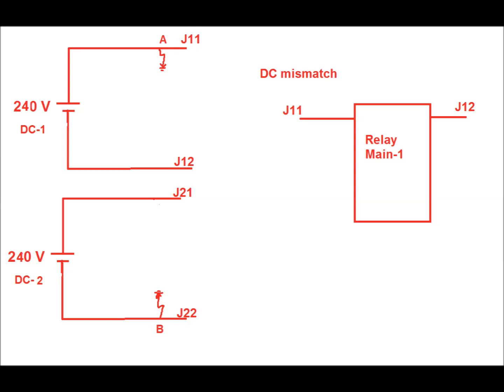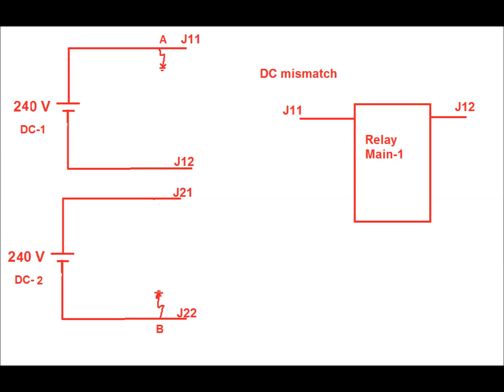Now in the main 1 distance relay, the DC1 source supplies the auxiliary supply as J11 and J12. And similarly in the main 2 distance relay, J21 and J22 is the auxiliary supply. Now for a DC mismatch, with a coincidental positive to earth fault in DC1 and negative to earth fault in DC2, what is the impact?